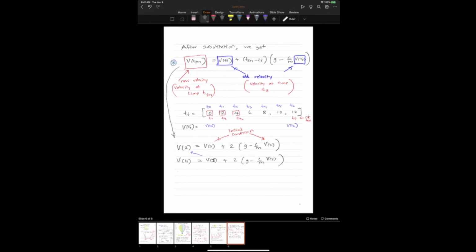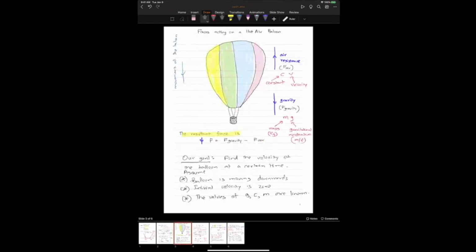Similarly, V6 is V4 plus 2 times (G minus C over M V4). V8 is V6 plus 2 times (G minus C over M V6), like that.